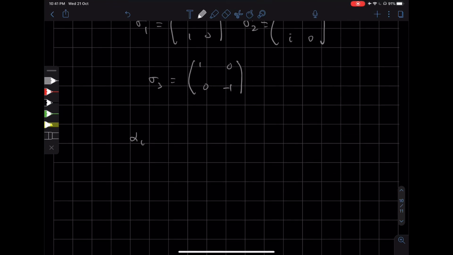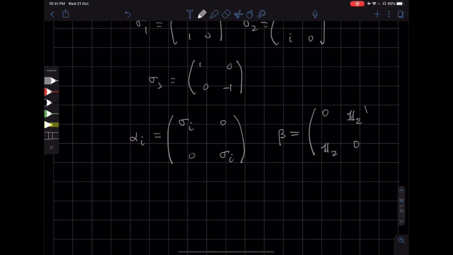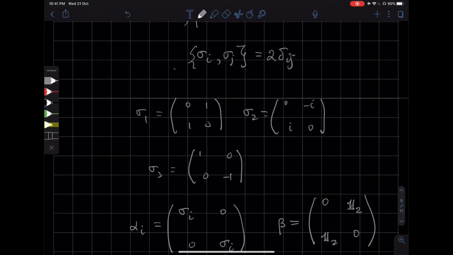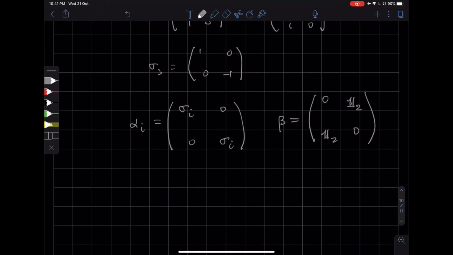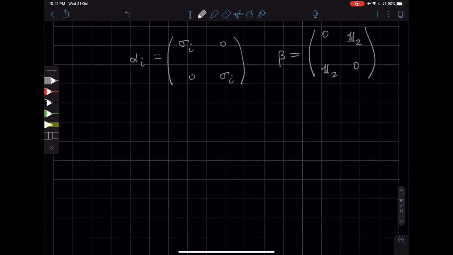He took alpha i to be, along the diagonal, the Paulis, and then beta is, along the diagonal, 2 by 2 zero matrices, and on the off diagonal, you get an identity matrix. And you can verify that alpha i and beta, given the Pauli matrix relationship, satisfy the Dirac algebra.